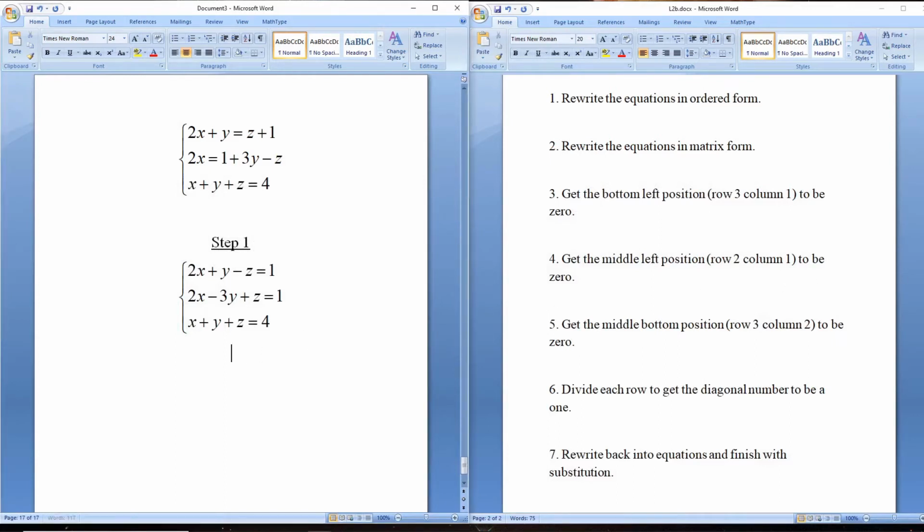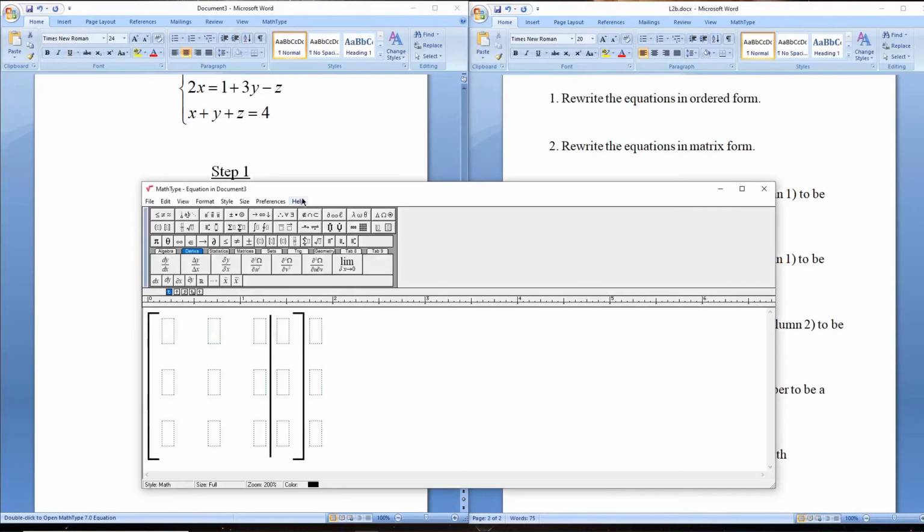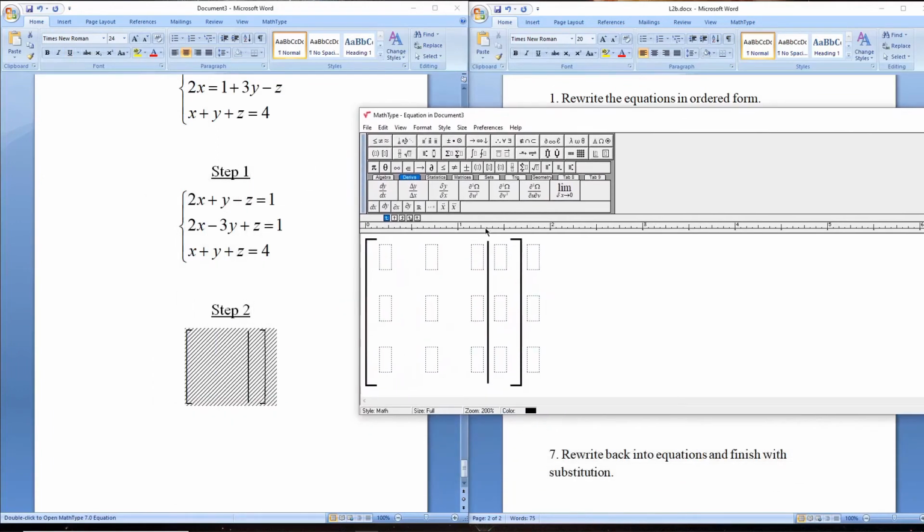Now if we look at step 2, we want to now take our ordered equations and write them in matrix form. So that means we're just going to take all the coefficients and fill in our matrix. So our first equation here has coefficients of 2, 1, minus 1, and 1.